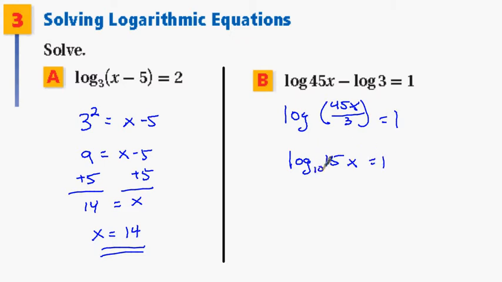So my base is 10, so rewriting this in exponential form, I have 10 to the first is equal to 15x. Well, divide both sides of the equation by 15, and I get x equals 2/3. X equals 2/3. Okay, continuing on.